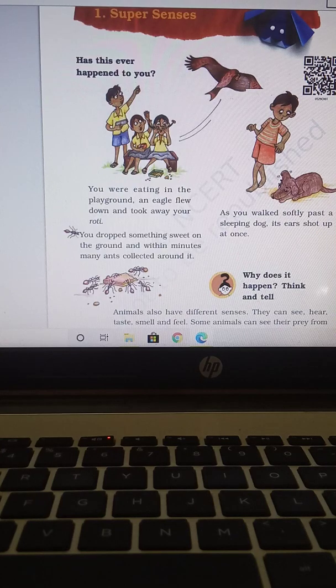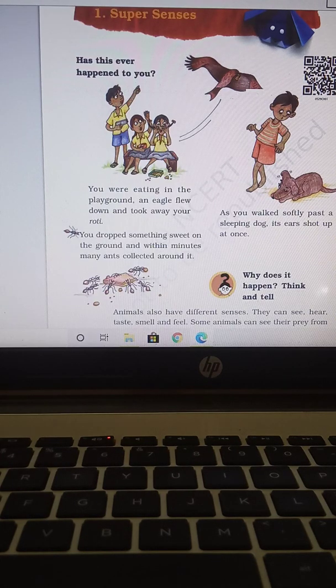Because you can feel the mosquito on your hand, and you can see the mosquito. That is your sense organ. Another example is when you touch something which is very hot, you immediately remove your hand from that object because you feel the hot. That is your sense organ.